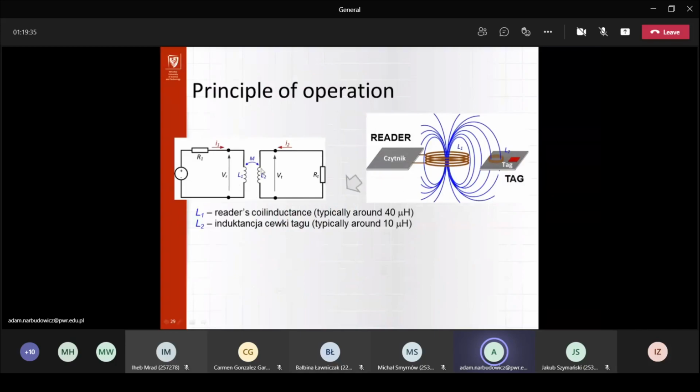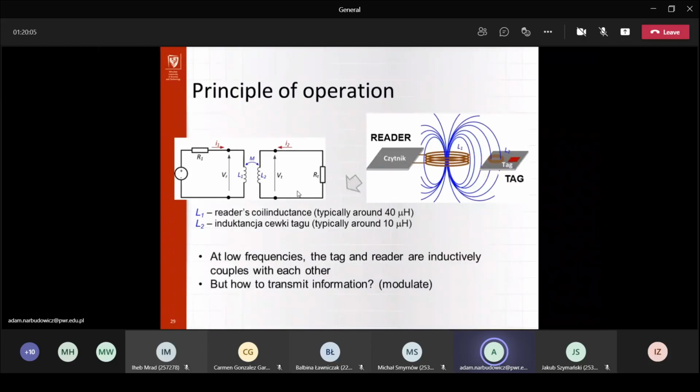So basically the one coil will induce some current, some electromagnetic energy in the second coil, and this is the way how you can communicate with the tag, right? So it can be really seen at lower frequencies as a very simple transformer that is being created when you get the tag close enough to the reader.